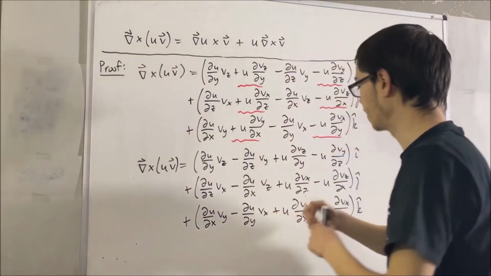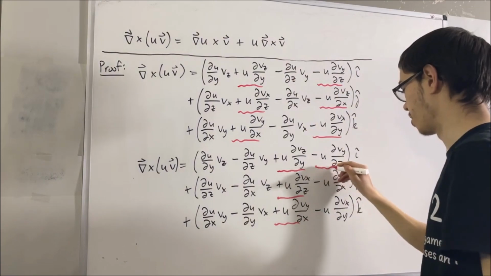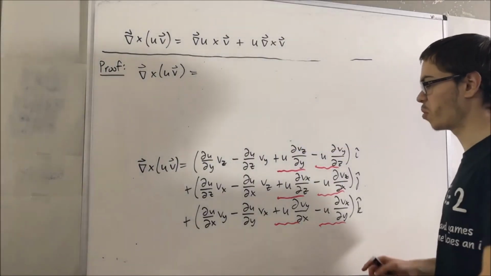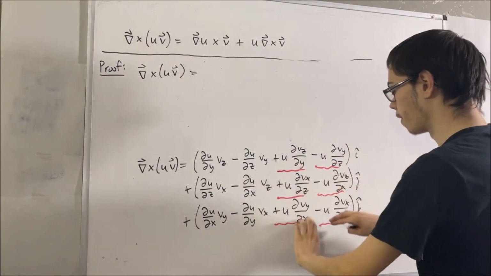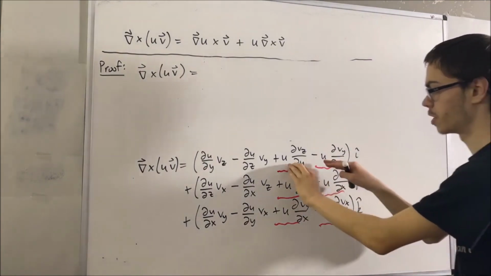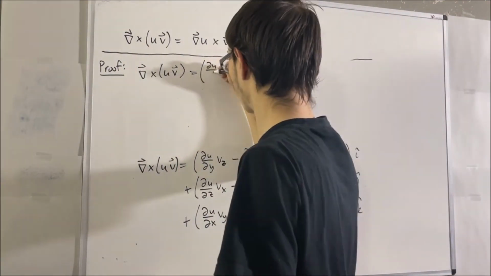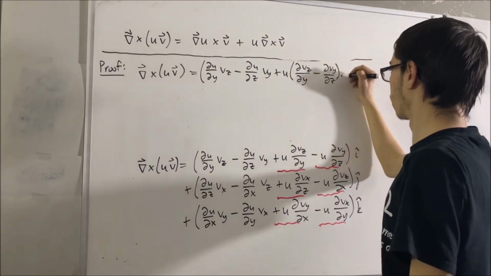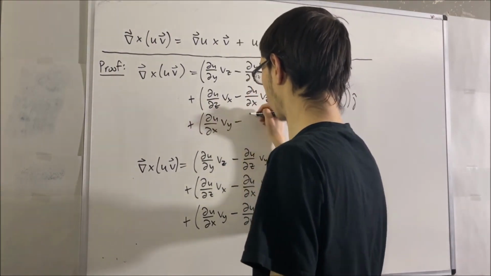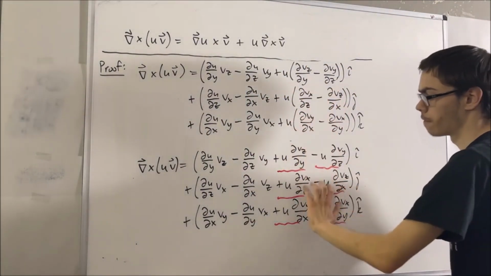As we can see, the terms that contain u in it are now all next to each other. So now I'm going to factor out u for each of these pairs of terms for each of the components. I'll factor out u here, I'll factor out u here, and I'll factor out u here. So now I have factored out u from each of these.